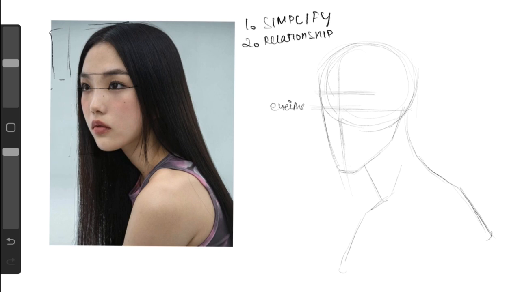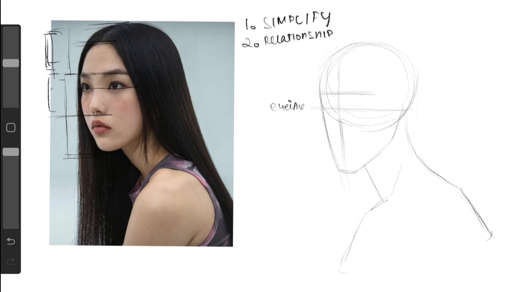If you see from eyebrow to jaw, if I split it into equal halves, I will get my nose line. I'm looking for a relationship, and if I take the same ratio up here, I will get my hairline.